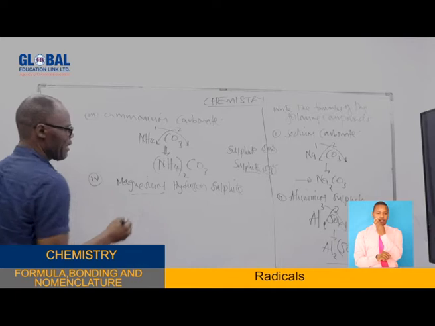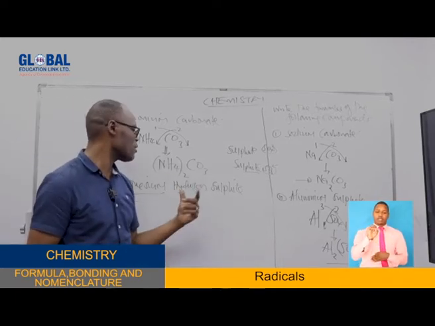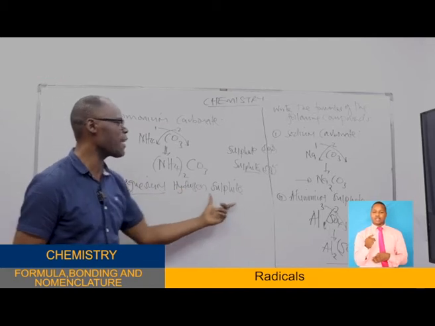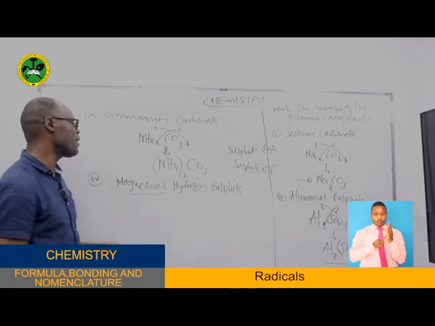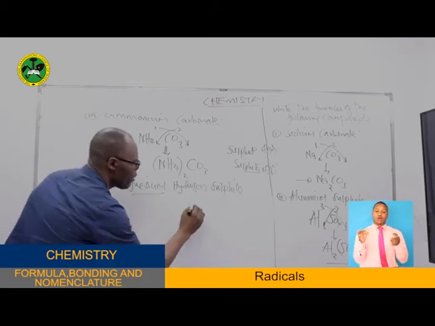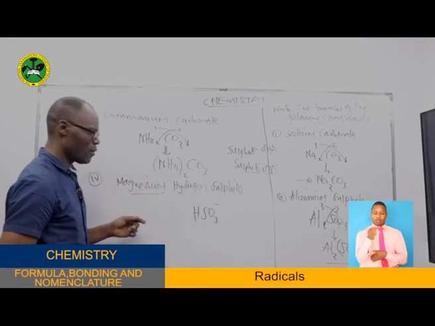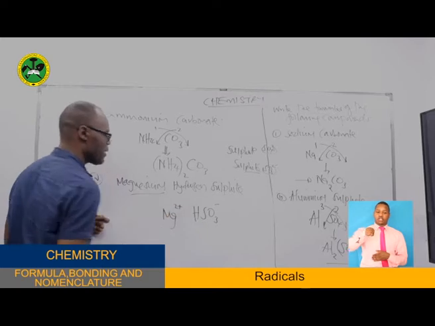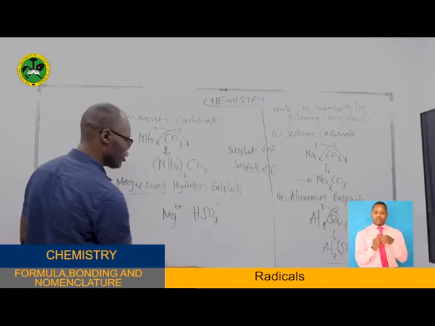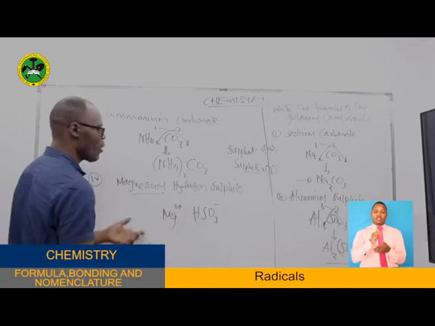So magnesium is a metal, but this hydrogen sulfide is not a metal or non-metal, it is a radical. If you know its formula and its valency, then you can combine it with magnesium. This one is HSO3 minus, and this one is Mg2 plus. So if we are to exchange, we can write 2 plus and minus, or you can write 2 and 1.